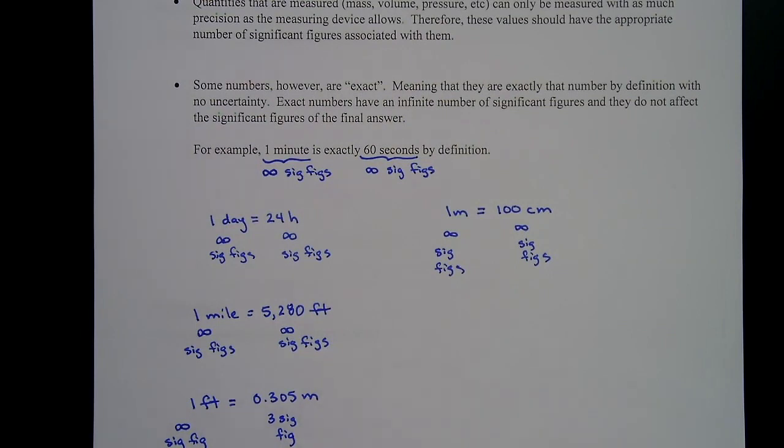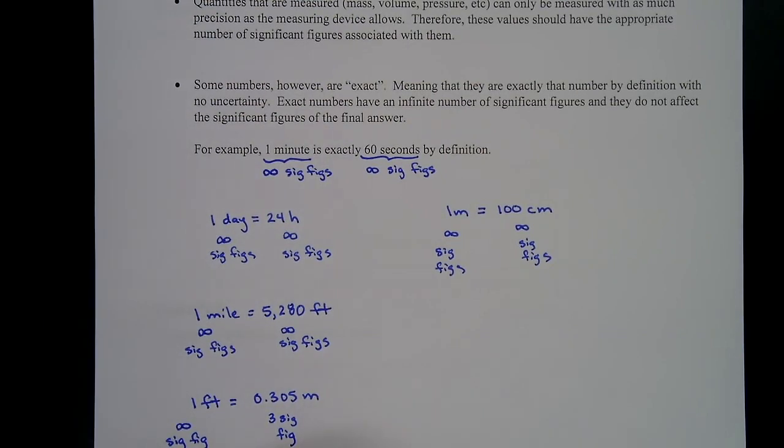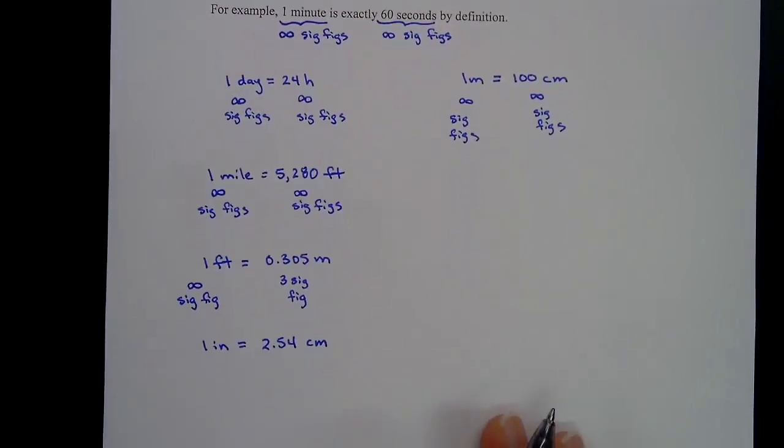Another example, I'm looking at my distance chart. 1 inch is 2.54 centimeters. This 1 inch is exact, but this 2.54 centimeters is an approximation. Let me scoot it up for you.